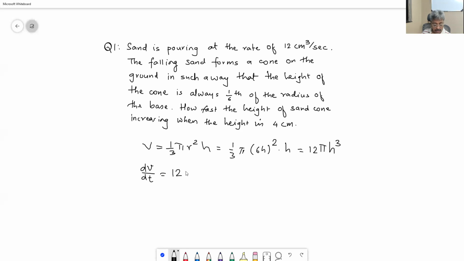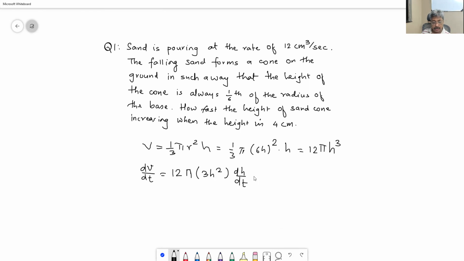is equal to 12 pi into 3h square dh by dt.